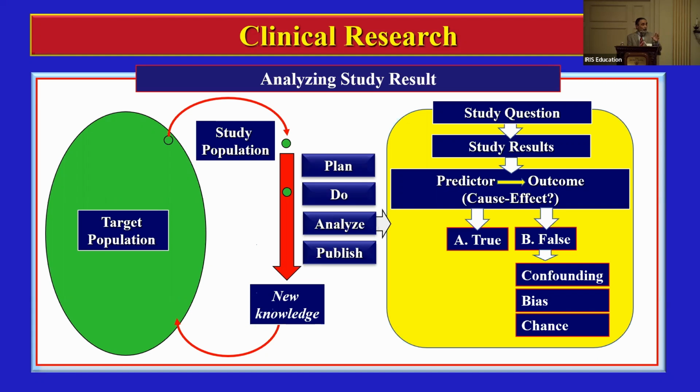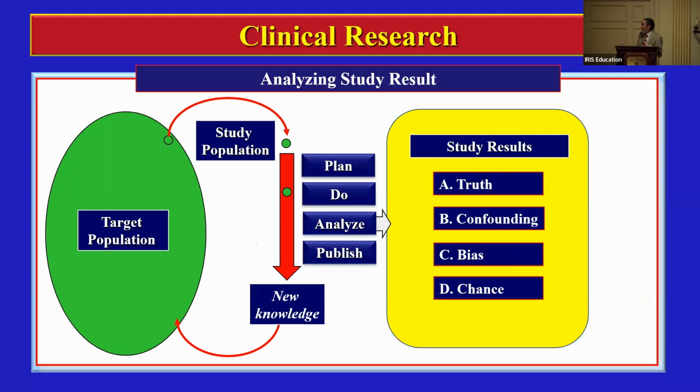We don't know if we need to use it or not. We know that we need to use it in COVID because in COVID it decreased mortality. But in the rest of pneumonia, we don't know. But I finished my study and said the steroid decreased mortality. Well, the study results may be true, or maybe due to confounding, bias, or chance.